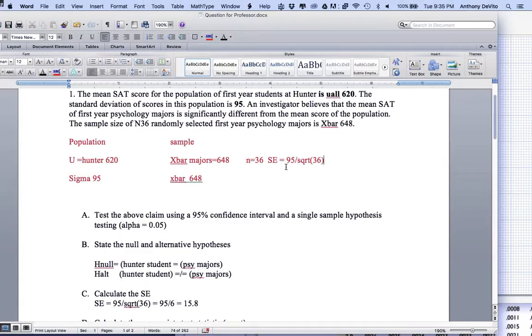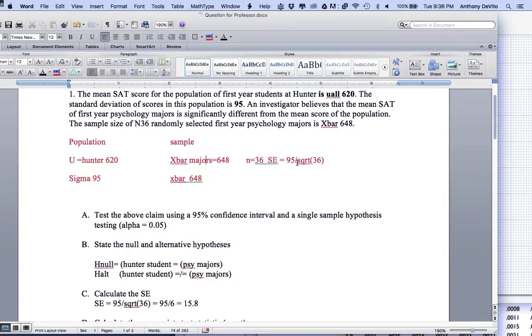Makes sense? Are you comfortable with that? My mean for the sample is 648 and my sample size is 36. Assuming that the standard deviation of the two populations is the same, the standard error for repeated samples of size 36 from this population is 95 divided by the square root of 36.